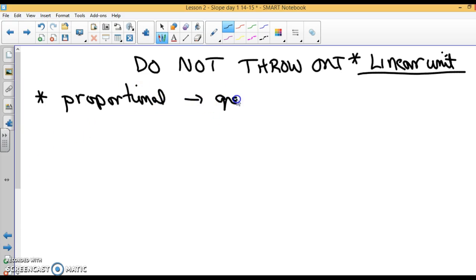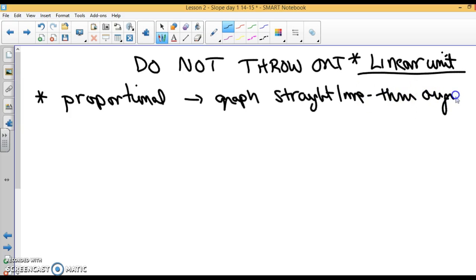The graph is a straight line through the origin. The equation for a proportional relationship is y equals kx. How do we find k? k is y over x. And what does k stand for?